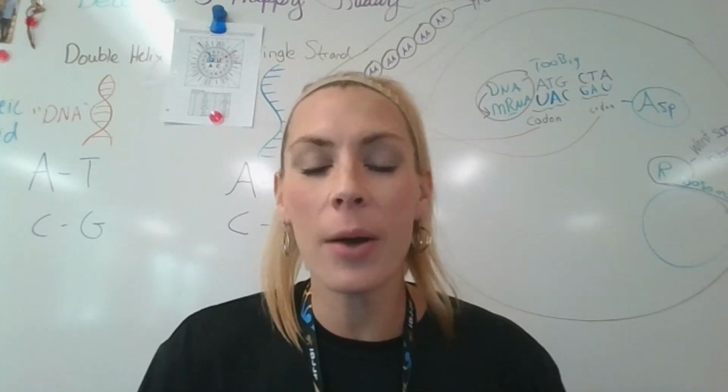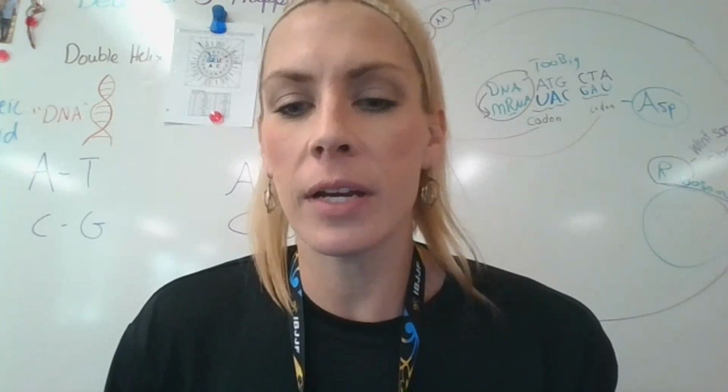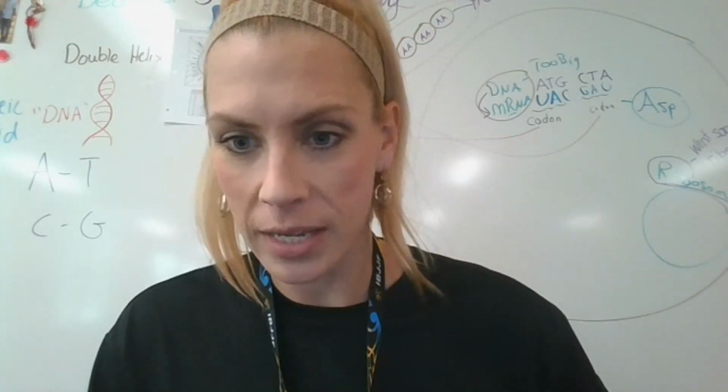Now, how do I come up with the name of this amino acid? I'm going to introduce you to a chart that we use. Okay, and if I can pull it up, I'll be happy to show you guys. Let me see if I can now share it. You're going to have one of these at your desk.